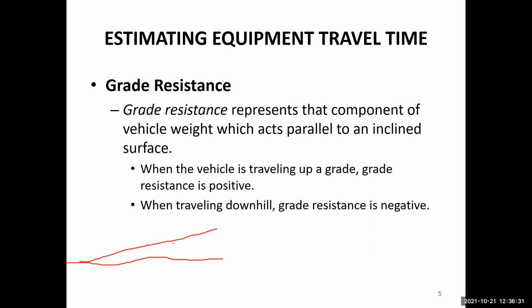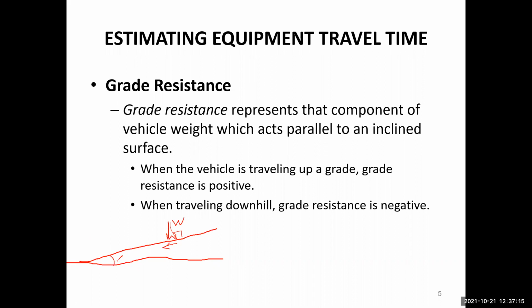A certain component of the weight of the vehicle, so for example, this is the weight. One component of the weight will be perpendicular to the surface. The other component of the weight will be parallel to the surface. So this component of the weight will be because of this slope.